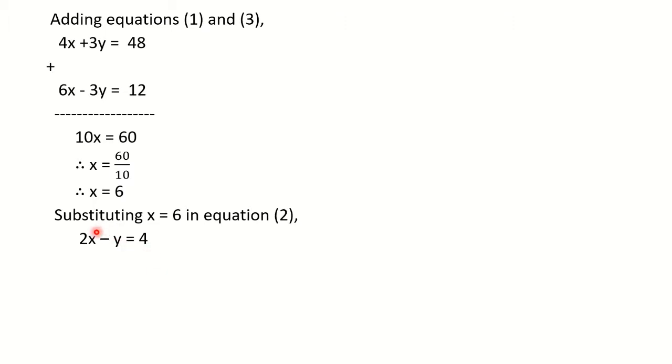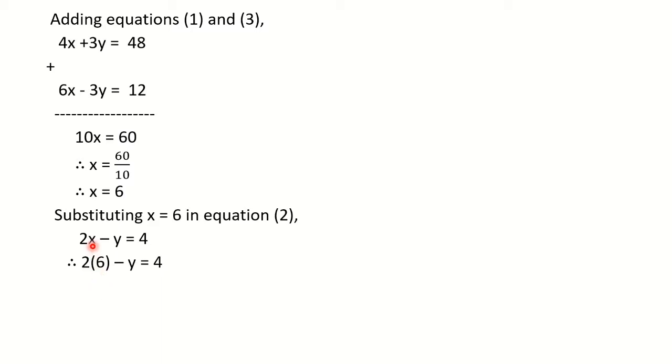So here in place of x, we are substituting 6. So 2 inside the bracket 6, minus y is equal to 4. Rest all the terms will remain the same. Only in place of x, you are writing 6. But don't forget to write it in a round bracket.